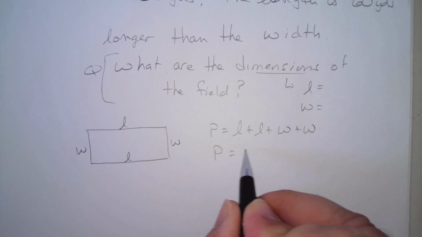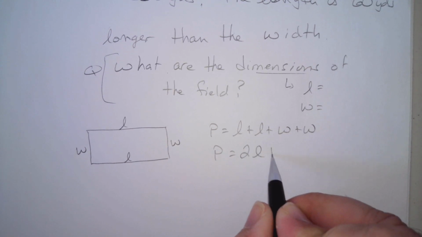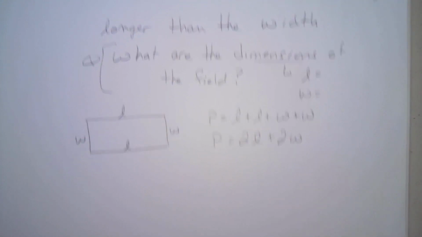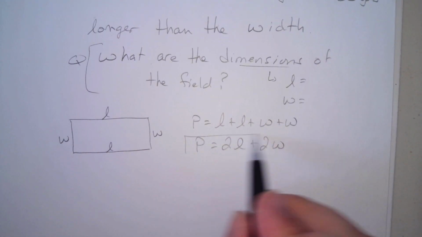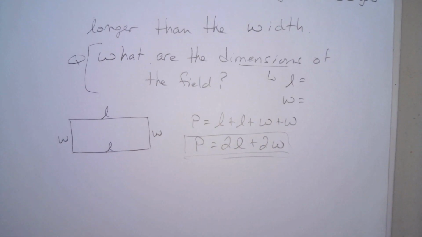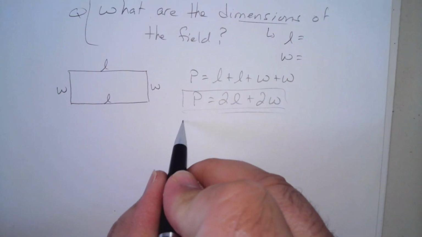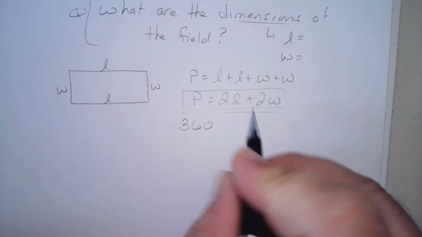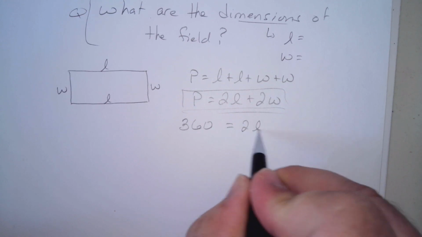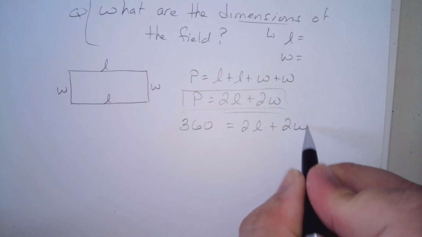So the perimeter is 2 times the length plus 2 times the width. That's the formula we have to deal with. We're dealing with perimeter. Okay, it says the perimeter is 360 yards. So 360 yards equals 2L plus 2W.